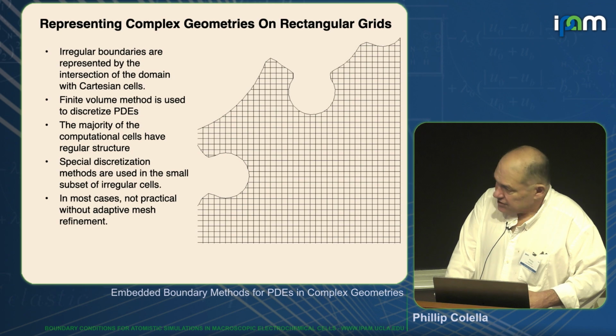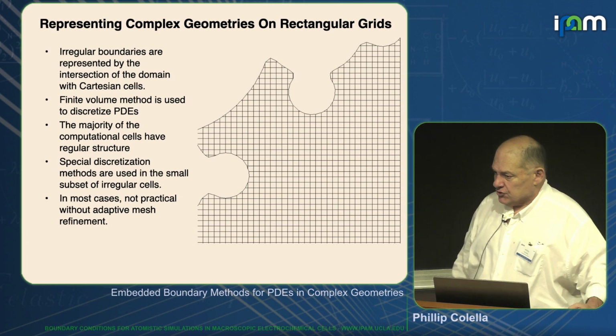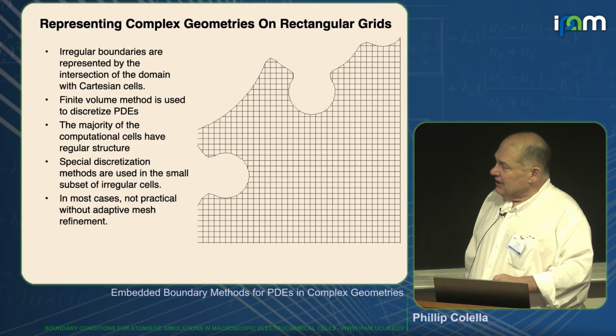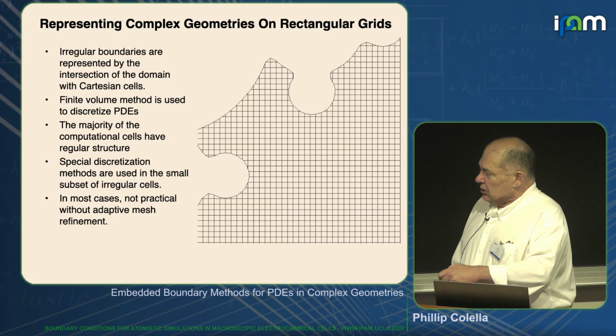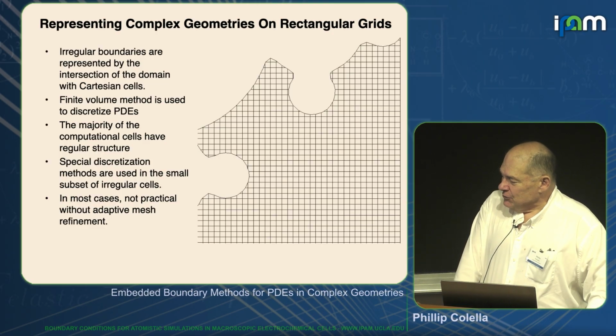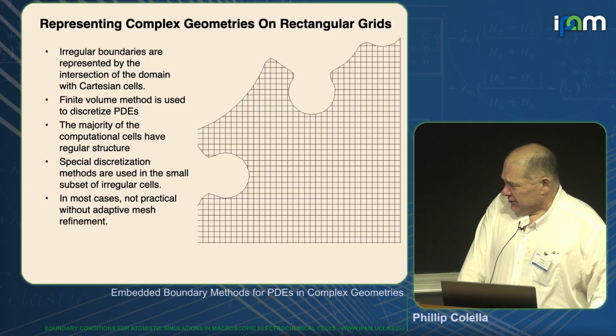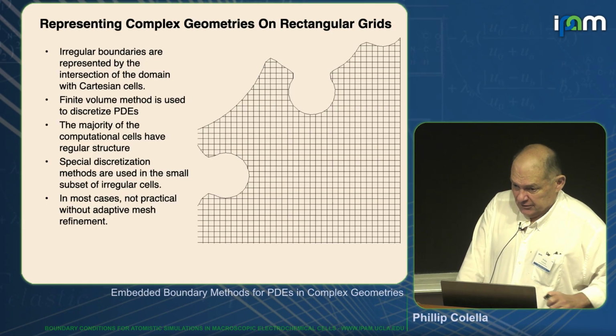Now, something I'm going to state up front so that I don't forget it. The reason for this gargantuan picture with only a small amount of boundary is to illustrate why you don't even think about these methods, particularly when you get to 3 dimensions, without having adaptive mesh refinement.